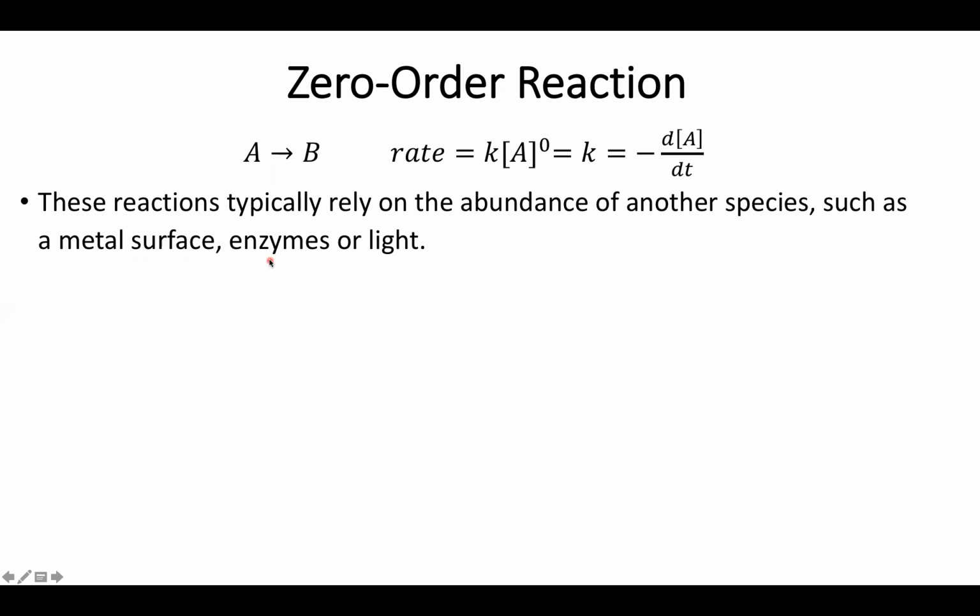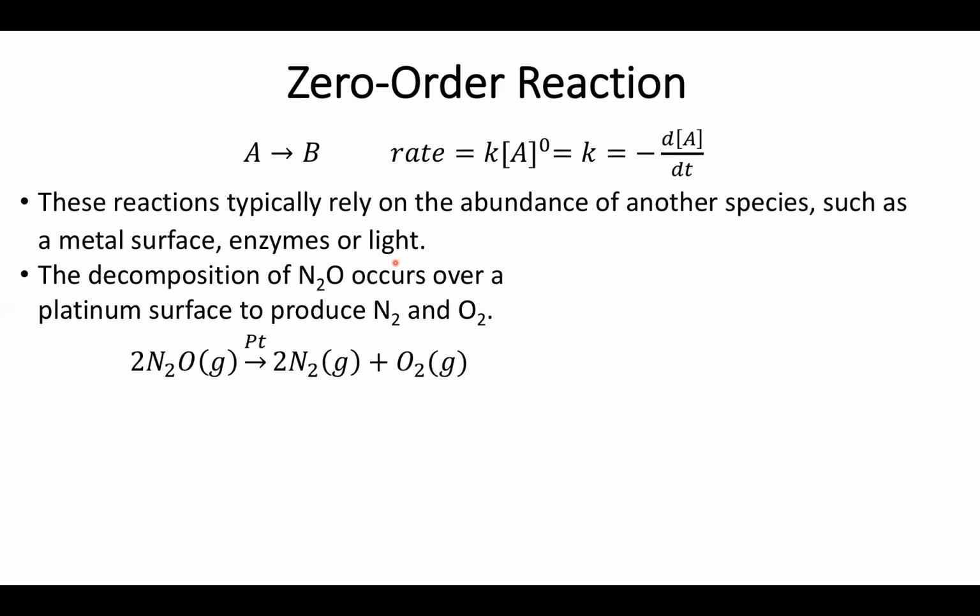Also very common in biology is it's dependent upon the concentration of an enzyme, which is allowed to make the reaction proceed at a rate, or that there's some sort of reactant that we have a hard time including in our rates. Most commonly, this occurs with light. There are plenty of reactions that only occur if you have enough light to provide the energy to kickstart the reaction.